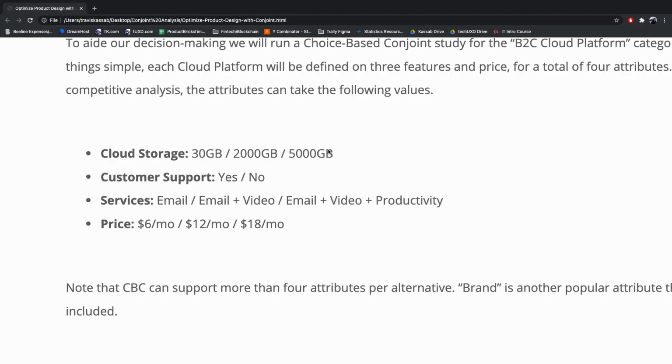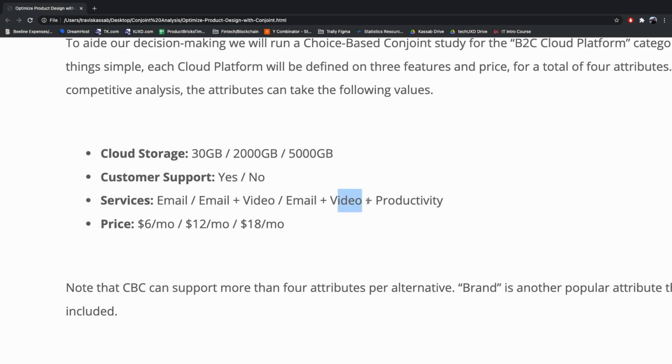And so actually, let me just show you an example of this, right? Let's say that we're working for a cloud platform like Google Drive. And when you think about this B2C platform, you can break it down into different features. So the amount of cloud storage that they have, whether or not you have access to customer service, the different cloud services that they offer. Is it just email? Is it email and video call?